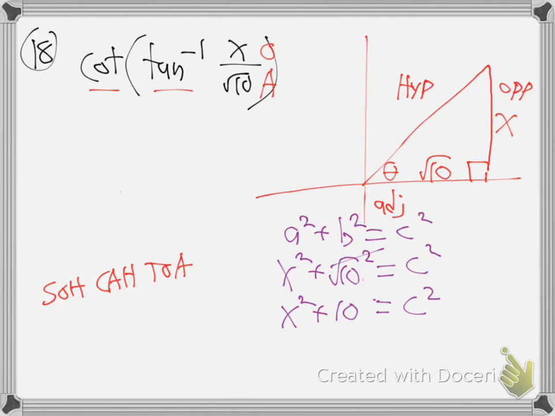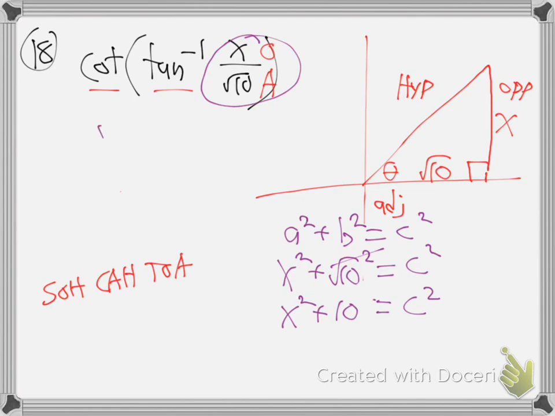Kevin? Can you answer it without doing the Pythagorean theorem? Because here we have the opposite and adjacent, you just flip it, because it's going to be the same answer. Yeah, that's what I meant. Nice, good observation. Why do we have to do all this?